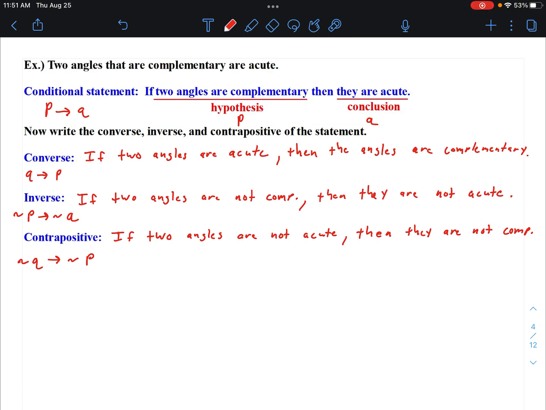And so we're rewriting that original conditional statement multiple ways, including the converse, inverse, and contrapositive.